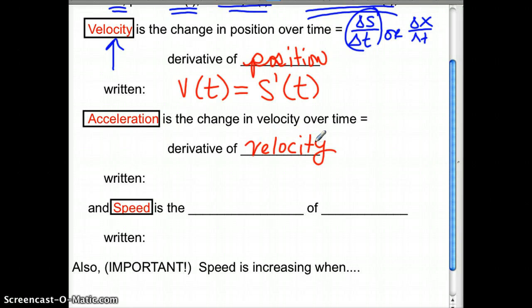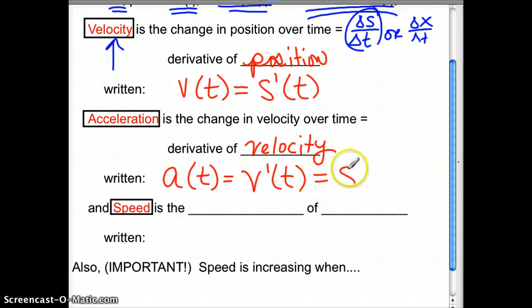So we would write this: my acceleration function at any time t, instantaneous acceleration, how fast am I speeding up over time right now, is the first derivative of velocity. Well, remember, velocity is the derivative of position. So sometimes we'll say that's the second derivative of position.